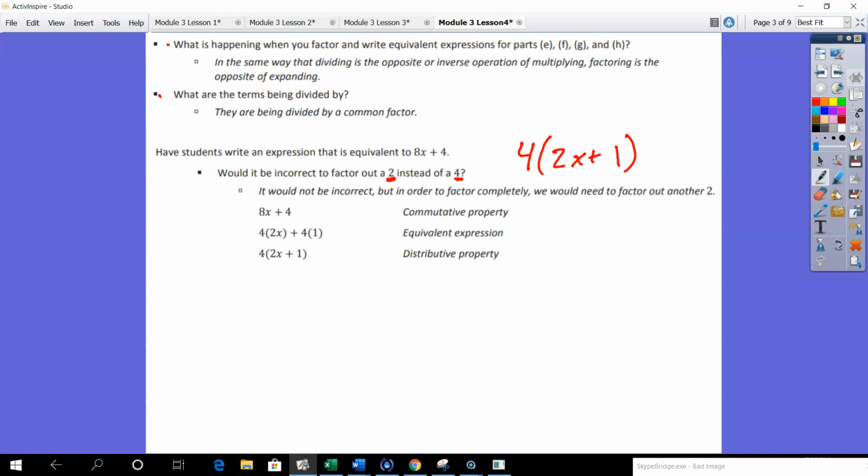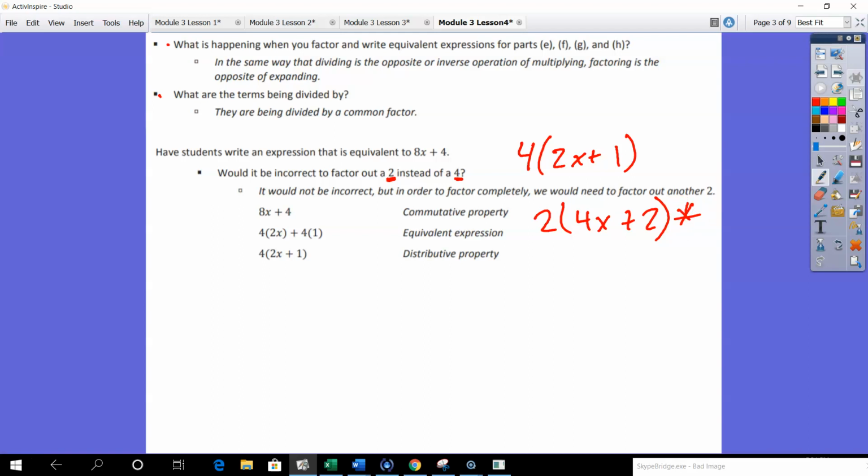Okay, could we do it with the 2 outside? So 2 times what? 2 times 4x gives me 8x, plus 2 times what, 2 times 2. So is this correct?